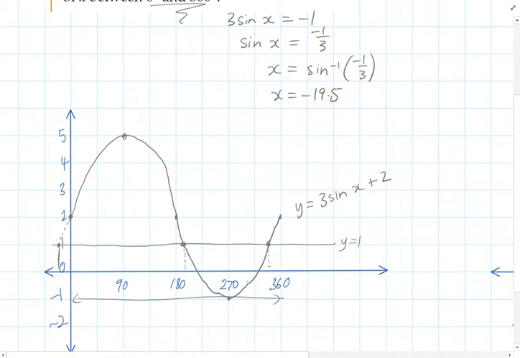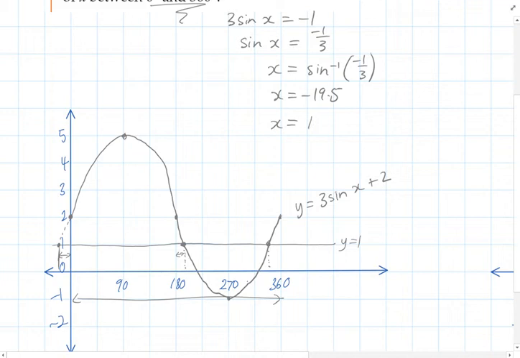So what we have to do is employ the symmetry of these graphs and realize that the distance between there, which is 19.5, is going to be the same as the distance between 180 and where it crosses. And so we could add that amount to 180 to get our first solution.